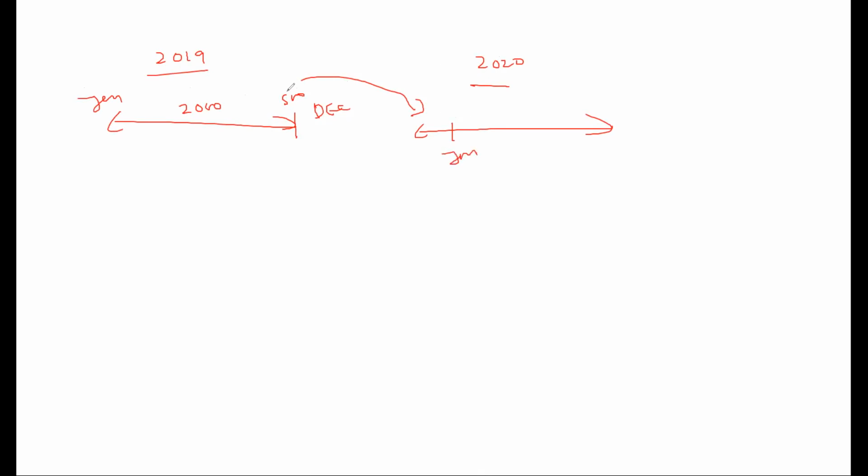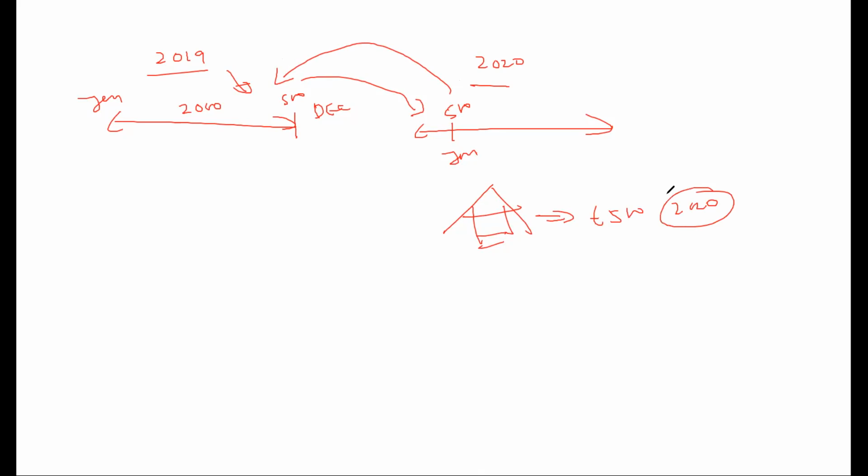And of course, I bring this 500 here for the 2019 expense, but my bank will say £500 went out of the bank in 2020. So the bank said I paid £500 in 2020, not 2019.